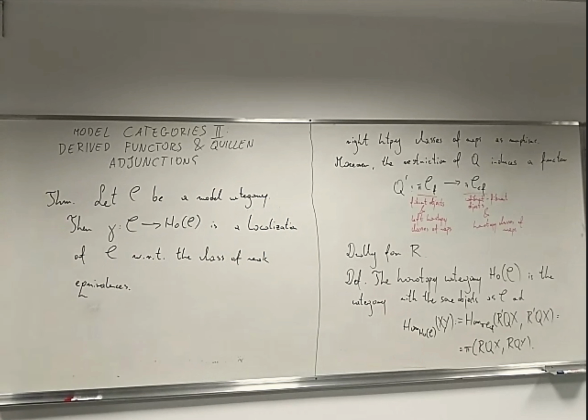So the idea of model categories is providing us two things. Firstly, it is taming such unwanted behavior. If we have a model category, then the localization of a locally small category will always be locally small.